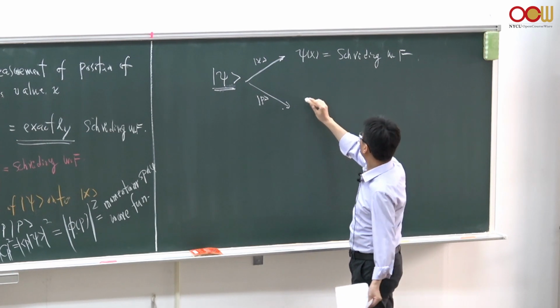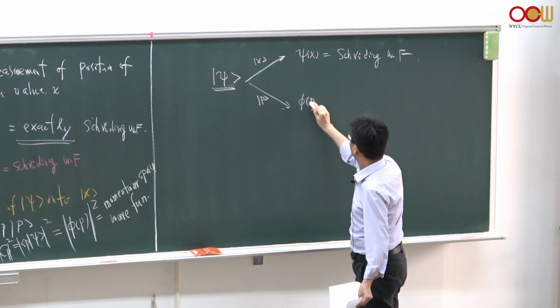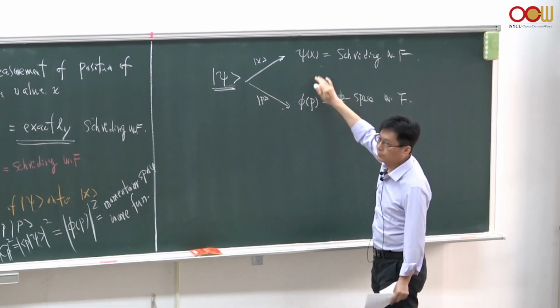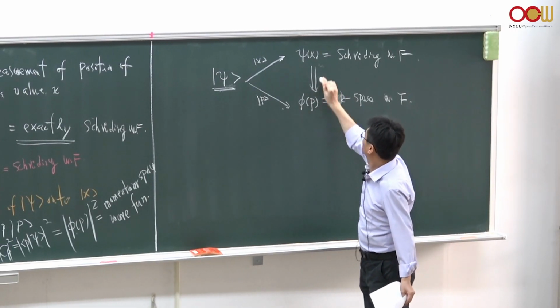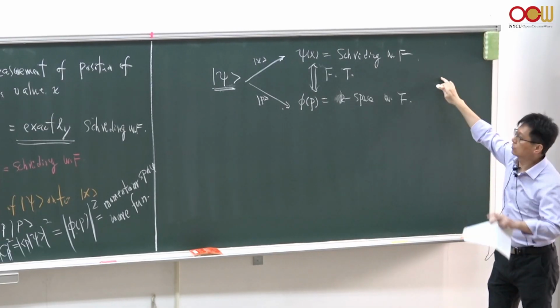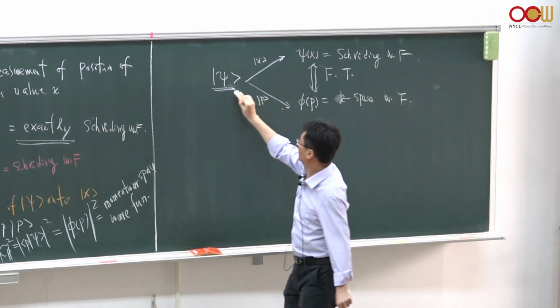In that case, this coefficient is precisely the momentum space wave function. Of course, this psi of x and phi of p are related by a Fourier transformation, but both wave functions come from the same Dirac state.